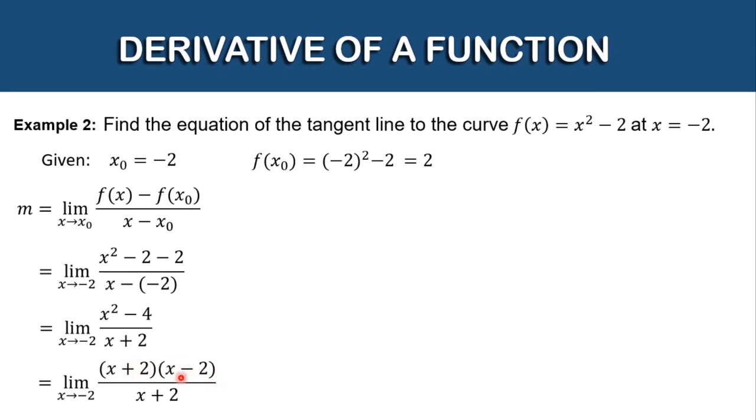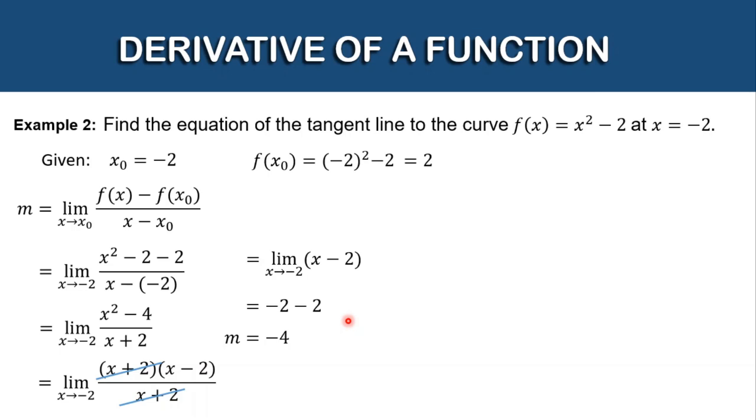So kahit naman alin yung mauna dito sa dalawa. And here we can cancel x plus 2 sa taas and x plus 2 sa baba. Then the remaining part is the limit of the quantity x minus 2 as x approaches negative 2. And by evaluating the limit, negative 2 minus 2, and our slope is negative 4.